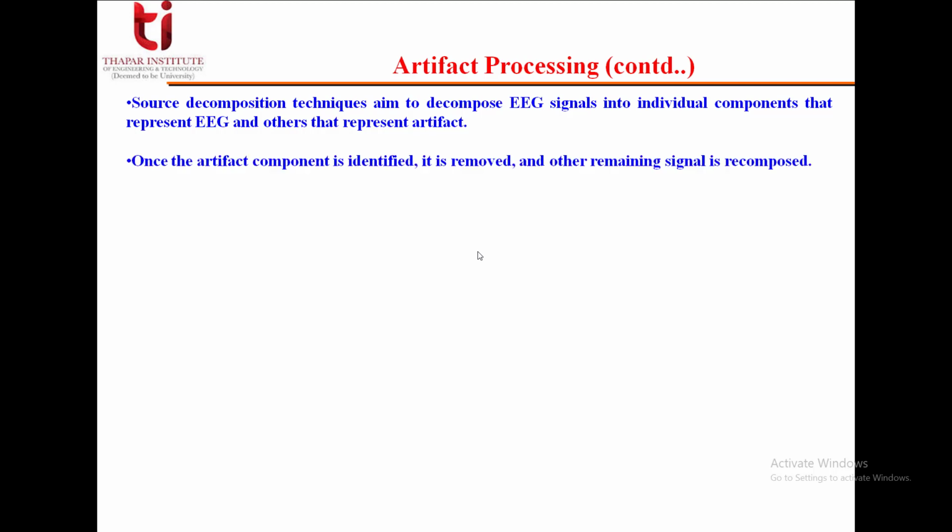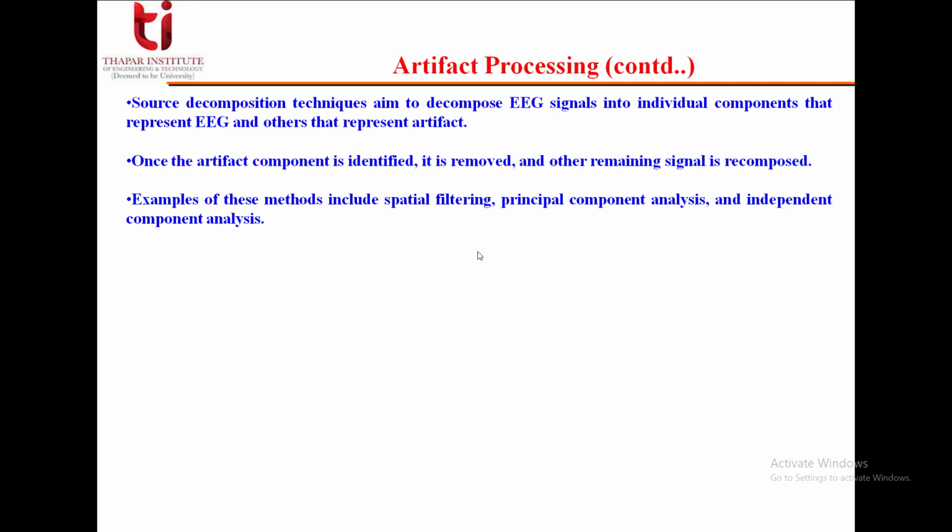Then there are source decomposition techniques, which aim to decompose EEG signals into individual components that represent EEG and others that represent artifact. Once the artifact component is identified, it is removed and the remaining signal is recomposed.